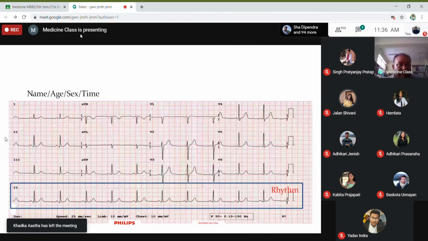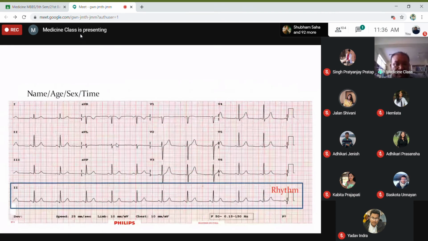Together with that, you'll have name, age, sex, and even the time of recording, because ECG is a dynamic recording of a dynamic process. So time is very important. You may not find anything in the ECG right now, but after 6 hours there may be changes. So time is also very important in recording.